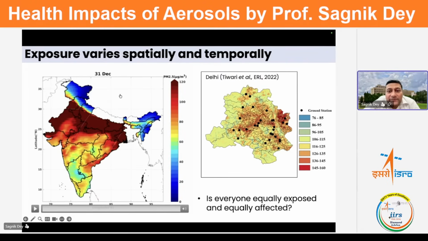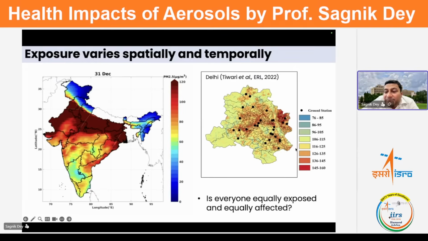We now also have a data set not just at 1 kilometer by 1 kilometer for the entire country, but for a city where you have more ground stations, you can further downscale and get a very close view of the pollution. And this is the example of Delhi, where we are now mapping pollution at municipal ward level.